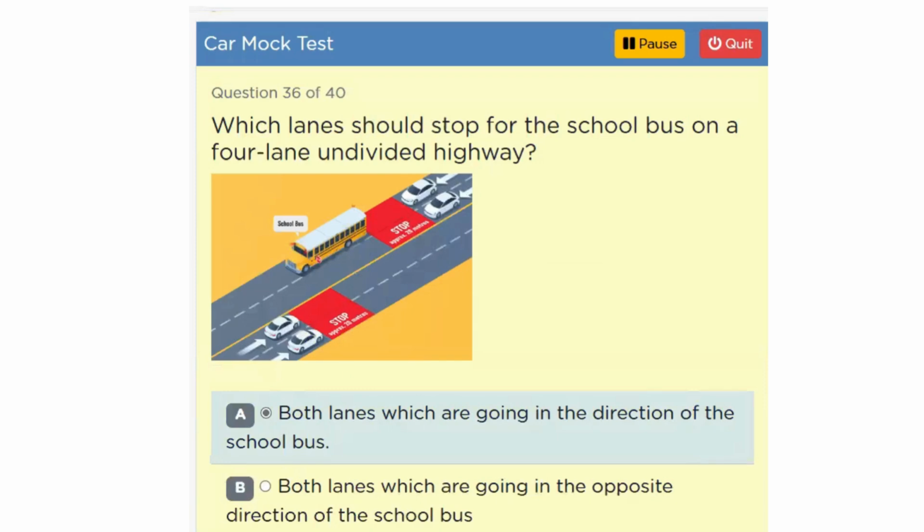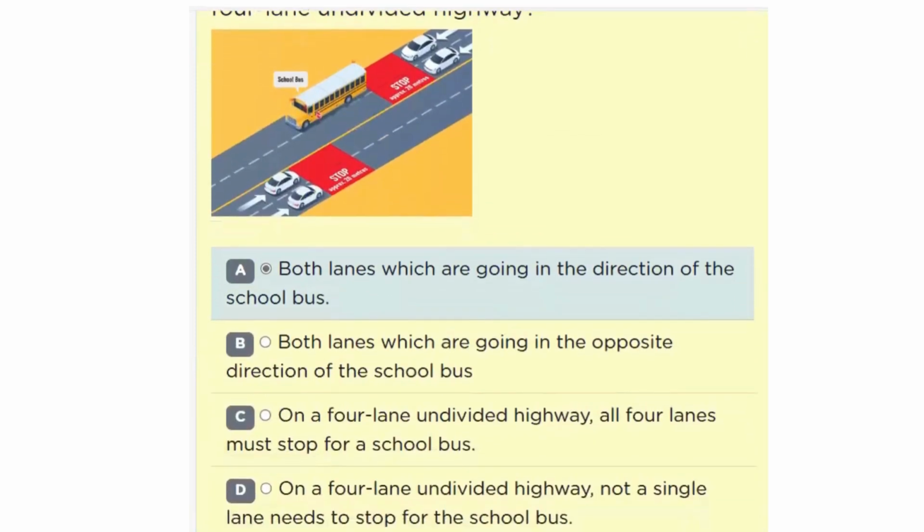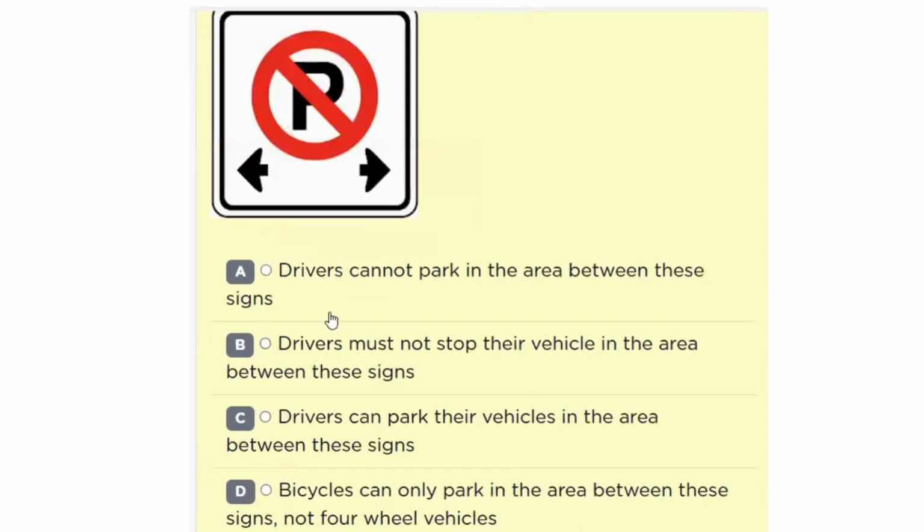Not the opposite direction for sure. I think it's this one. But a 4-lane undivided, all 4 lanes must stop for a school bus. I think this is true. Drivers cannot park in the area between these signs. Yes.